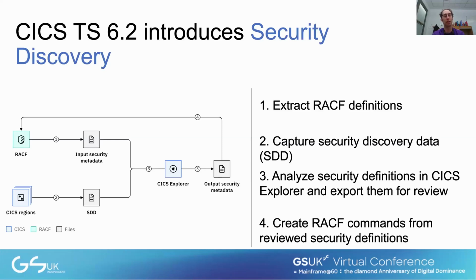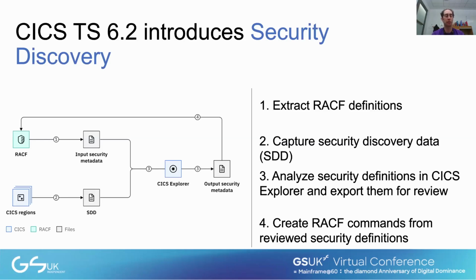Captures all that information, and then we can run a batch job and create a security discovery data file, an SDD file, and that can also be imported into Explorer, and that will then allow you to analyze the accesses for resources that you don't currently have definitions for, and allow you to create appropriate member list groupings.